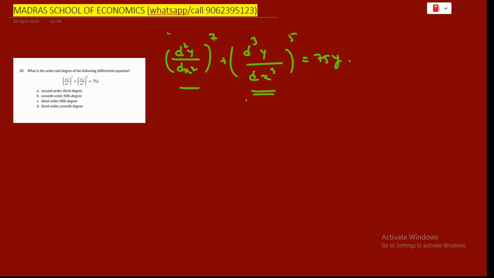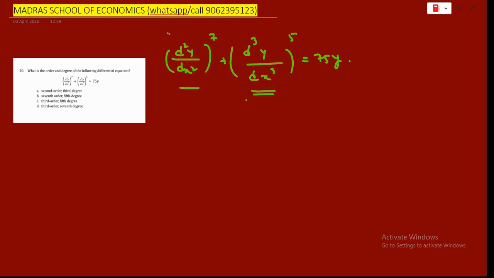Now here is where the MSE examiners try to catch you slipping. Okay, they put a 7 on the second derivative and 5 on the third derivative. Now many students think, oh, 7 is bigger than 5, so the degree must be 7. But this is wrong.